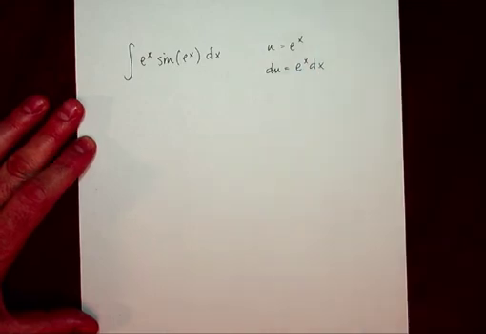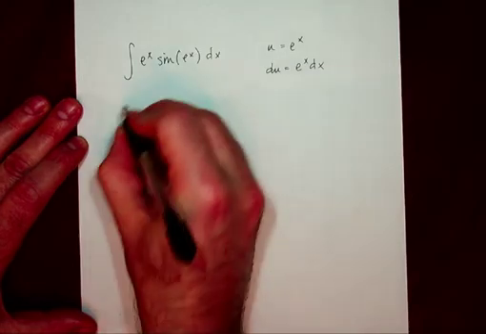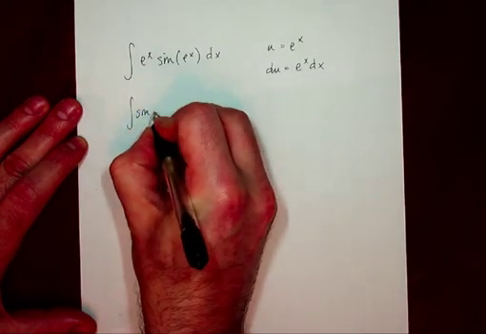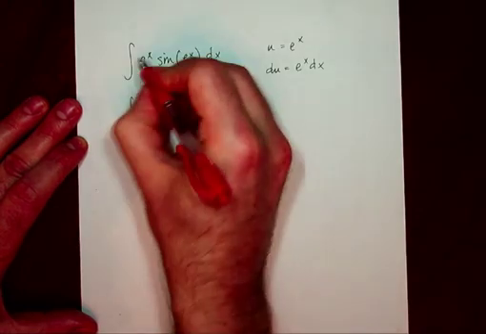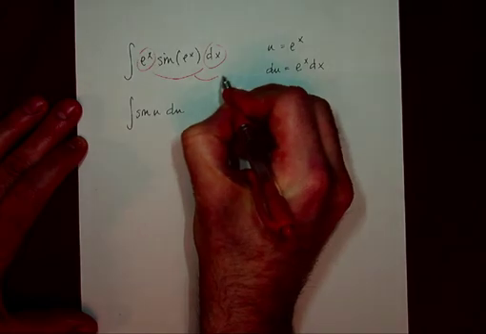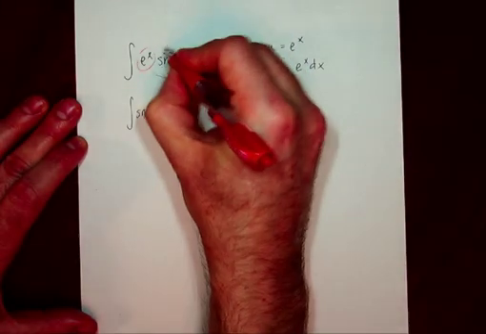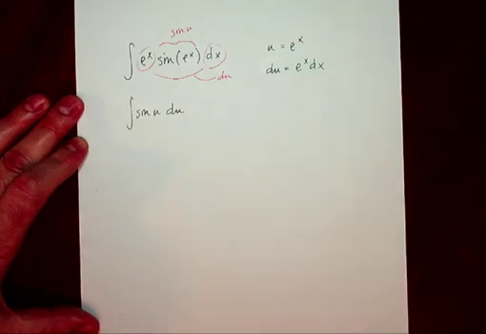I don't even have to multiply by anything. All of the pieces are there for me, and I get sine of u du. I didn't take the time to write out the step of putting them together, but those two together are your du, and this right here is simply your sine u.